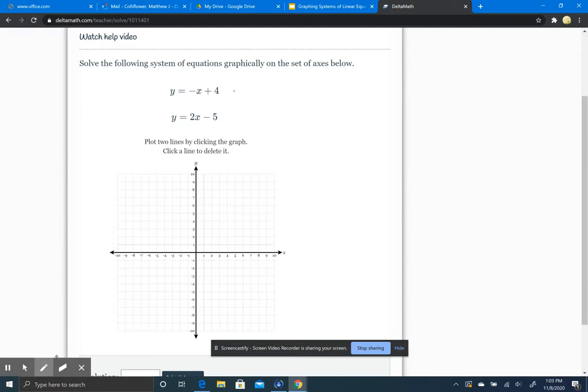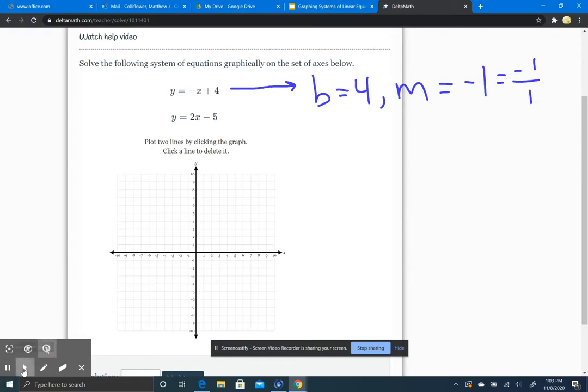So for this first equation, we know that our y-intercept is 4, and we know that our slope is -1, which is, of course, -1 divided by 1. And so when I graph this first line, I start by graphing our y-intercept of 4, and then going up 1 and over 1 to the left to graph my slope.